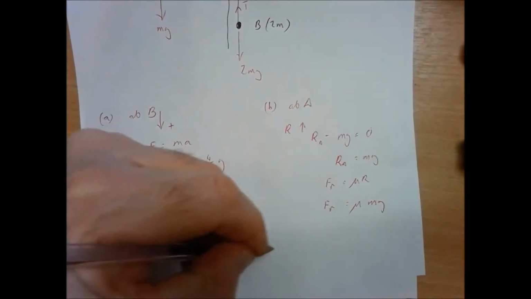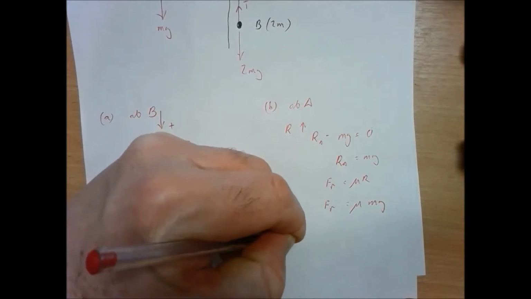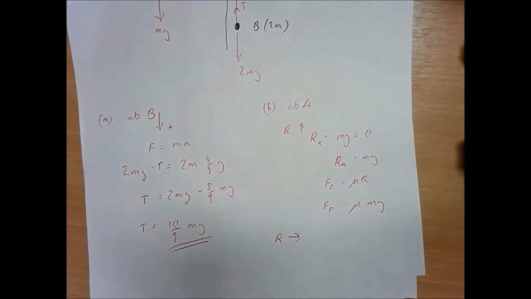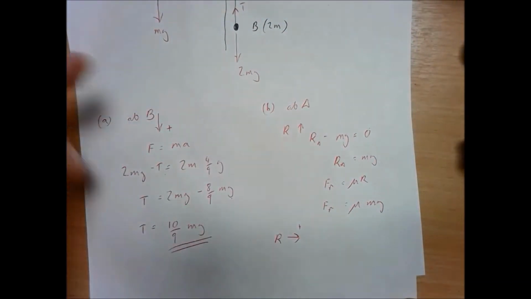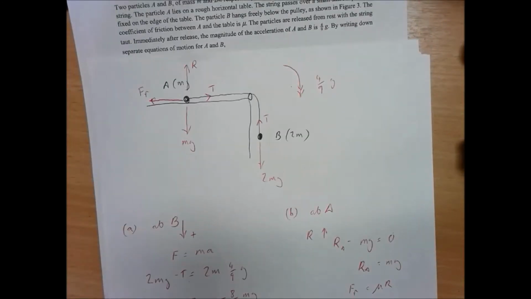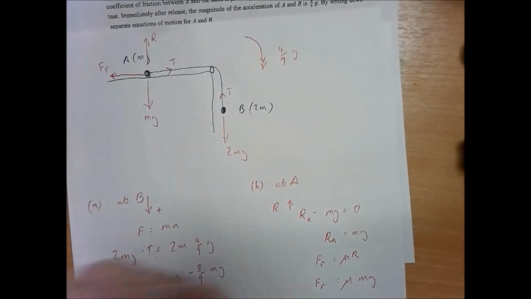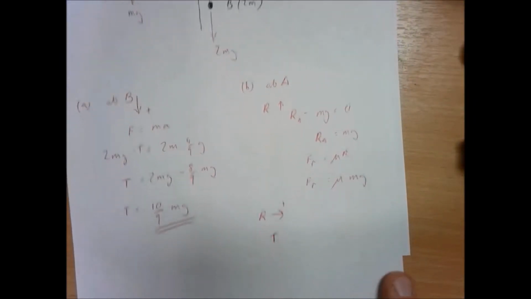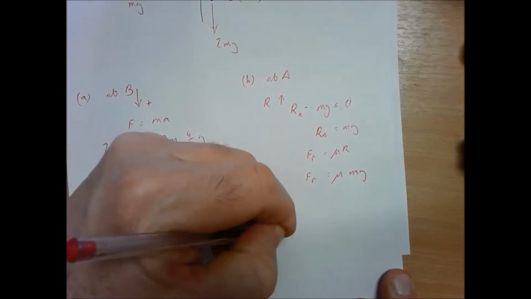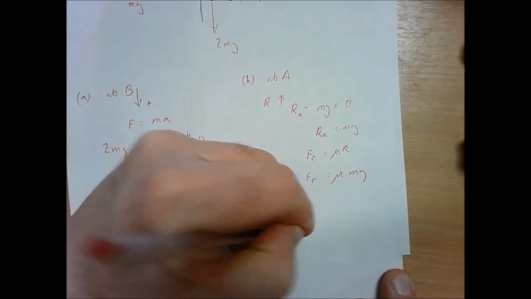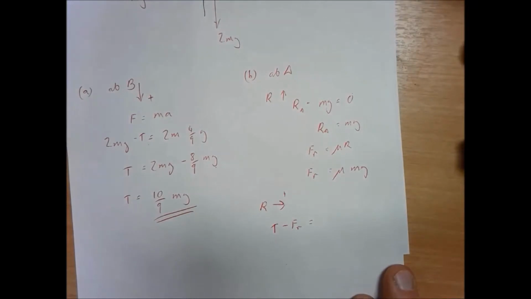Okay, I'm going to resolve horizontally now, and that way is going to be positive. So looking at my diagram here, I've got T minus friction, so all the forces, F equals ma, going to the right as positive. T minus friction equals ma.